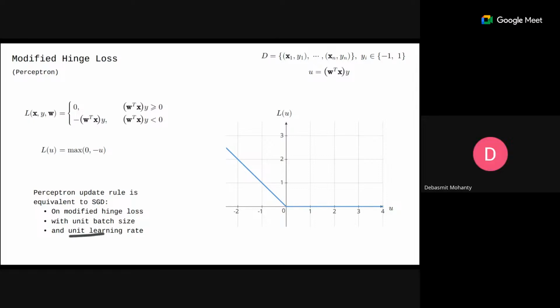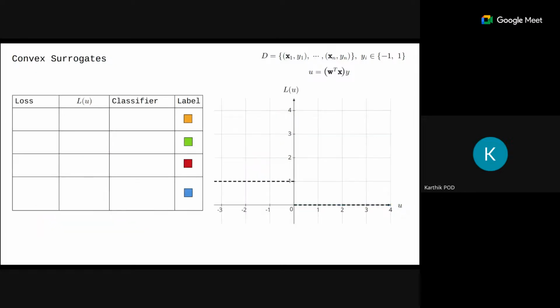If you look at the graph of these loss functions for perceptron and SVM, the only difference is it's shifted by 1. Otherwise, they're similar. Whereas for logistic, it's a smooth exponential. So just looking at these loss curves, we can guess what the model actually is. Those are the 4 losses we are mainly looking at. Each of them is associated with one classifier.